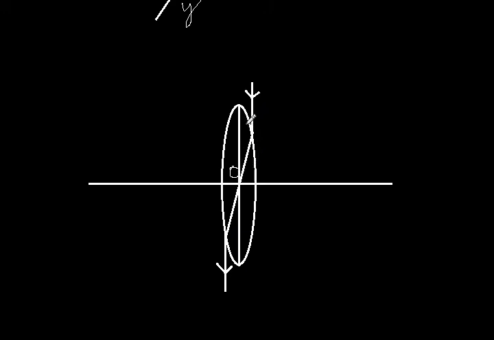The optical center of a thick convex lens can be defined as a fixed point on the principal axis inside the lens, after passing through which a ray of light emerges parallel to the incident ray. In the case of a thin convex lens, the incident ray and refracted ray become one, that is, the ray passes undeviated. So this is about the optical center of a convex lens.